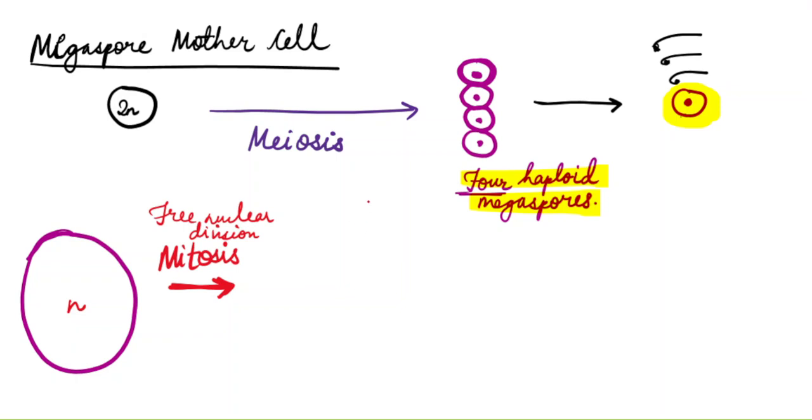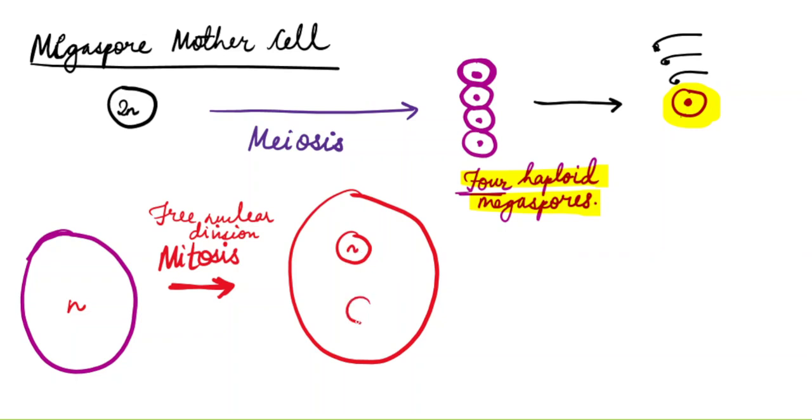So this is one cell, one megaspore, and here you will get two nuclei. The first time mitosis has occurred.